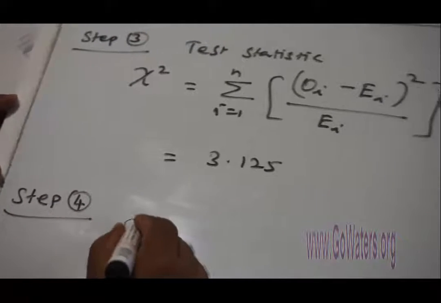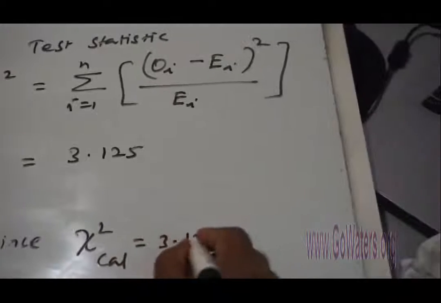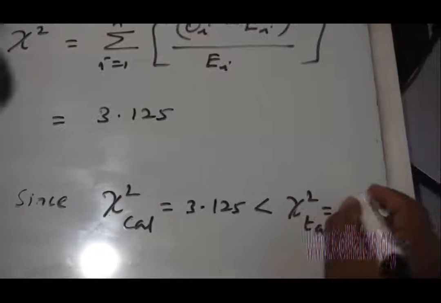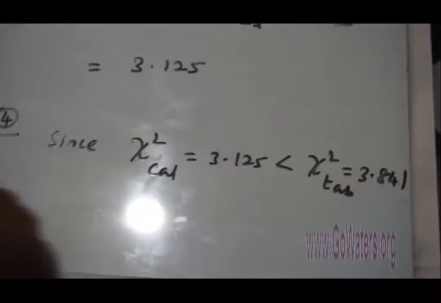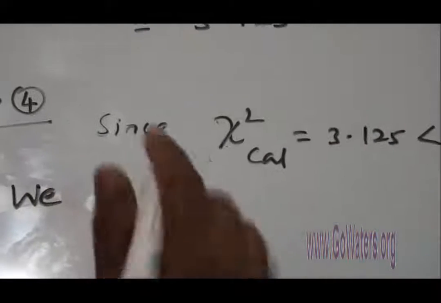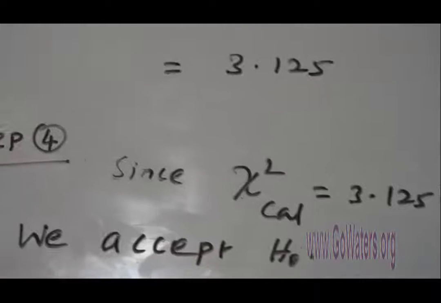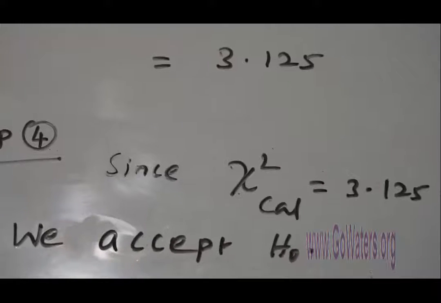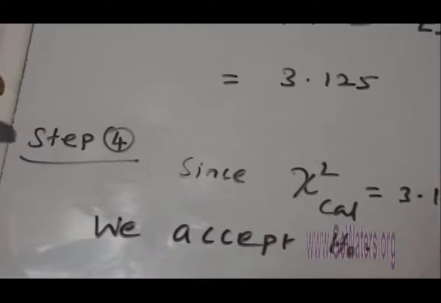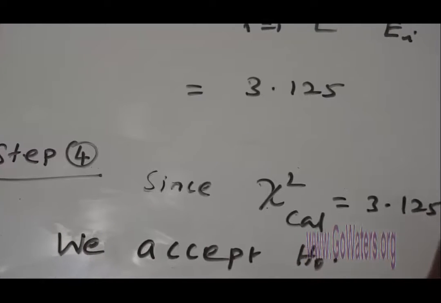Since the chi-square calculated value, 3.125, is less than the chi-square tabulated value, 3.841, we accept H naught. What does it mean? Whether you've taken the medication of vitamin A or placebo, there is no relationship with getting cured from cold. There is a saying that for cold, whether you take the medication or not, it will still be there for a week.